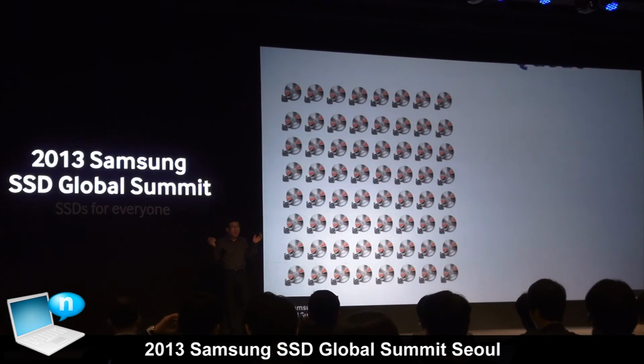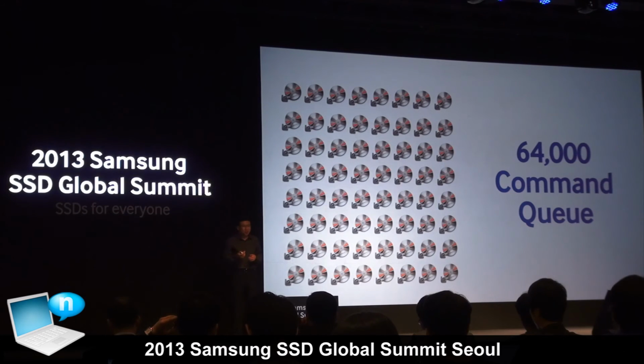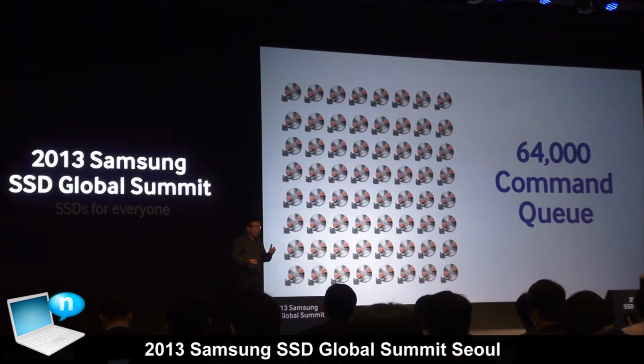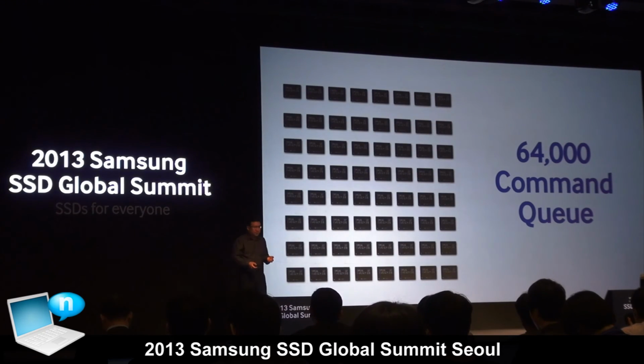But in the NAND Flash and SSD world, each NAND Flash is becoming a disk with a head on it. Each NAND Flash can read and write concurrently, and this is the architecture of SSD.